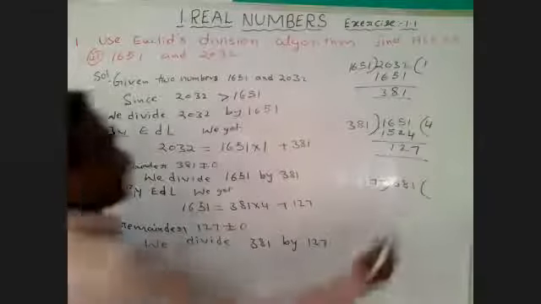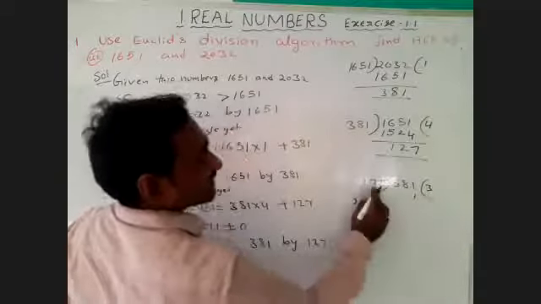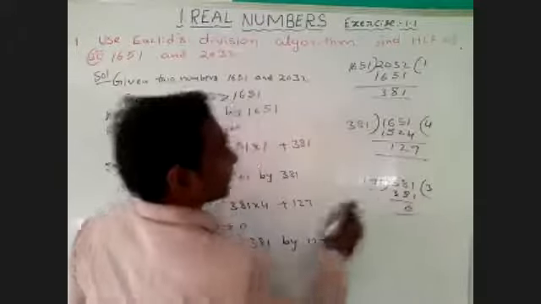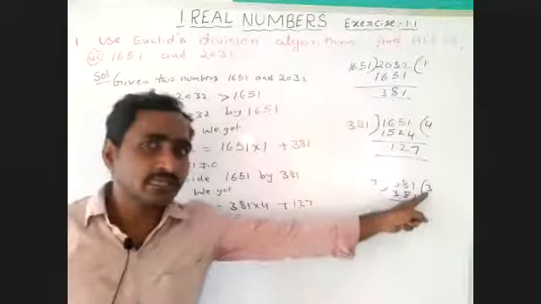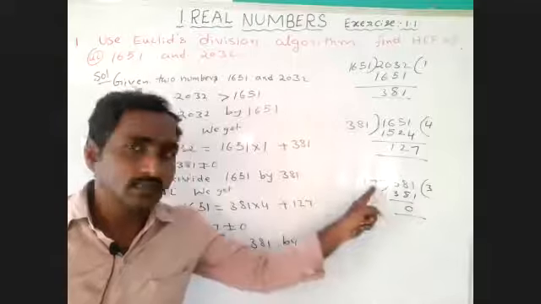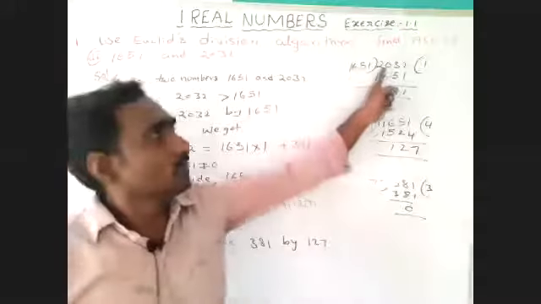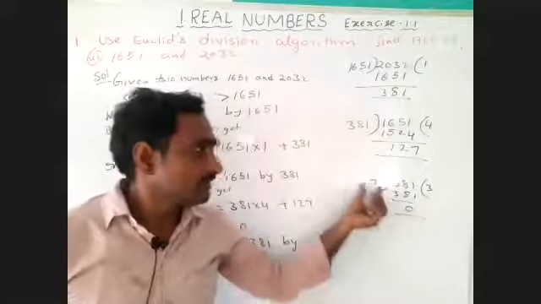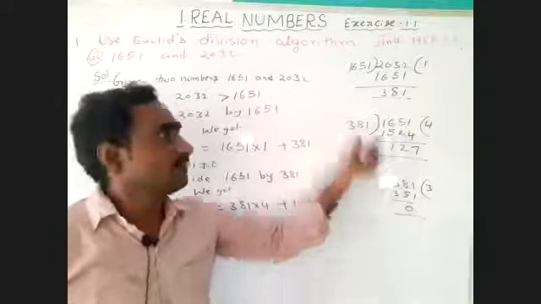3 sevens are 21, 3 twos are 6 plus 2, 8, 3 ones are 3. So 381 minus 381 is 0. 381 divided by 127 gives a quotient of 3 and a remainder of 0. When the remainder becomes 0, the last divisor, 127, is the HCF of the given two numbers.